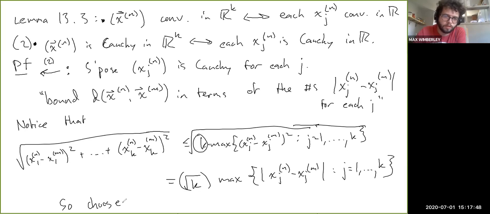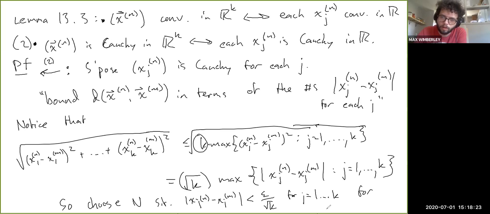So I'll just say this: choose N such that xj n minus xj m is less than epsilon over square root of k, for j equals 1 to k, for all n and m greater than capital N.